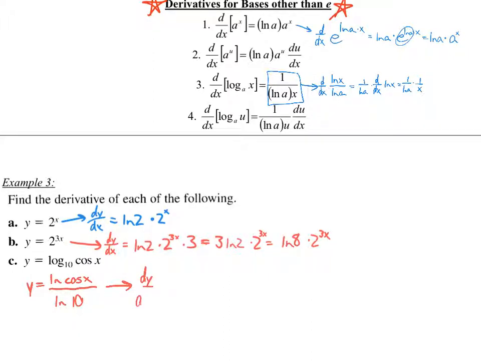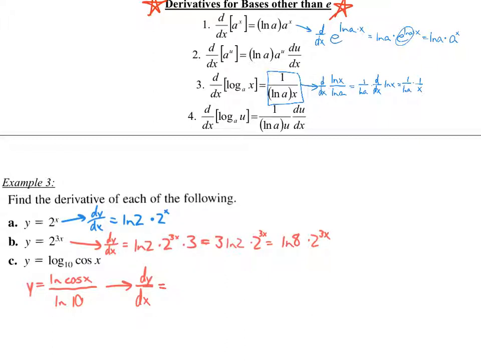How come we wouldn't do the formula of log a to the x equals 1 over ln a times x? We have 1L. This time we have a u. The u is the cosine x, right? Okay, so just using that formula up here that you're saying, okay, it would be 1 over ln of a.